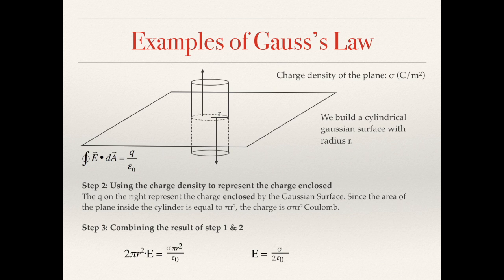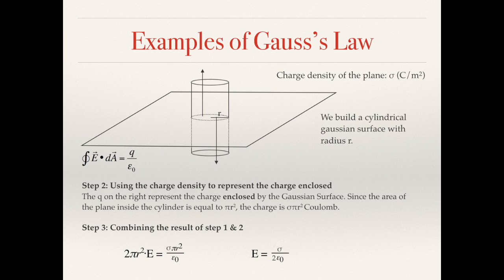Another thing is that the height of the cylindrical Gaussian surface we chose also does not matter. Firstly, for the lateral surface, the closed loop integral of E times dA is equal to 0, so the area of the lateral surface does not matter.